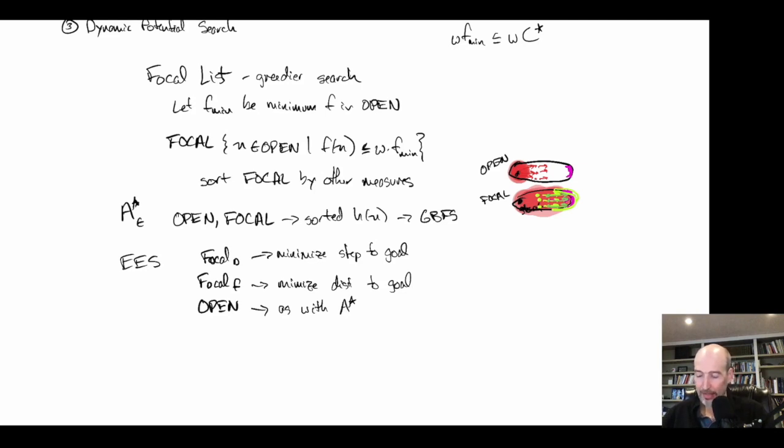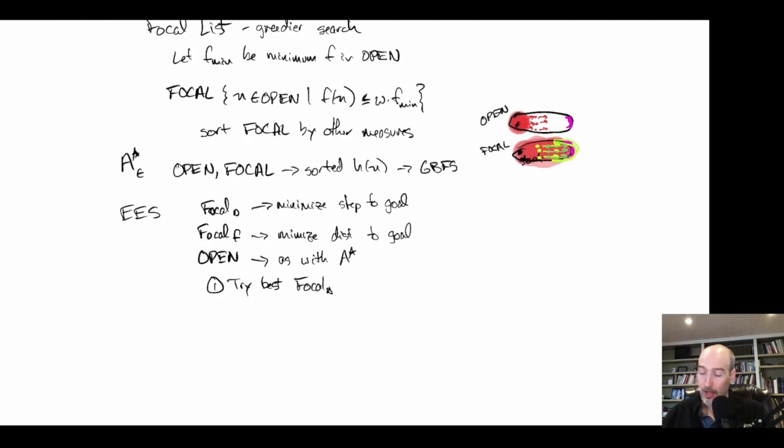So basically, EES is 3 steps, and there's a few more details here, but basically it's going to try the best focal D. That is the state with the minimum distance in terms of number of steps, sorry, not distance, but the number of steps that I need to take to get to the goal. If that node is within the bound, so we're always going to make sure we're within the bound, then I expand that state.